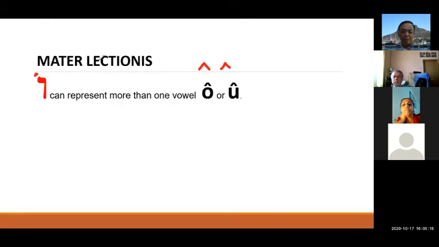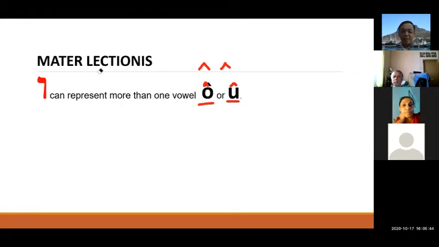If the Masoretes put the dot here, then we know this is a U vowel. That's a shuruk. If it's a dot over here, then this is holem vav. So it is either a long O or a long U vowel. Without the dot here, you will not be able to tell.